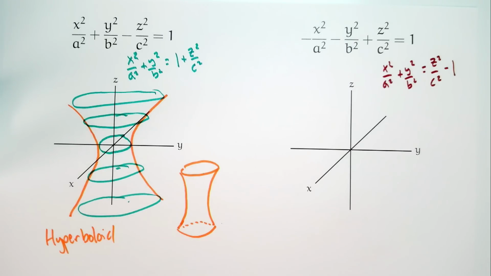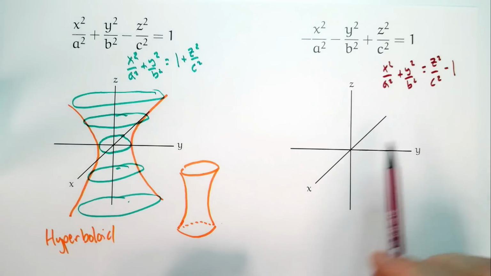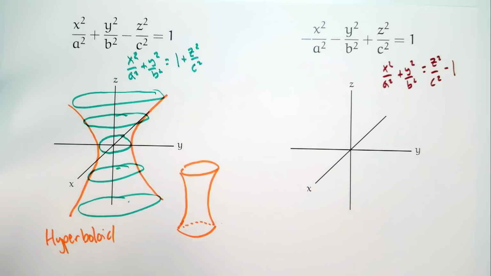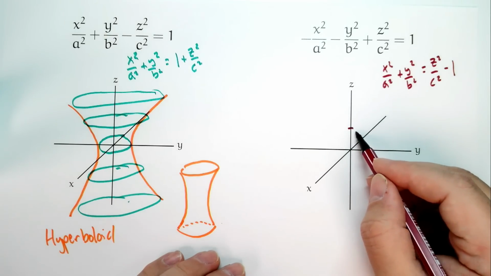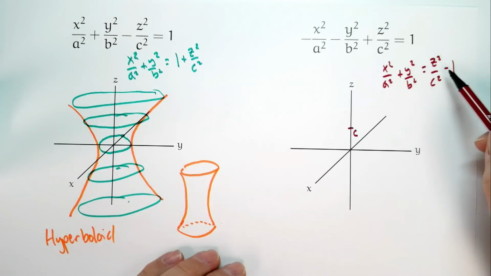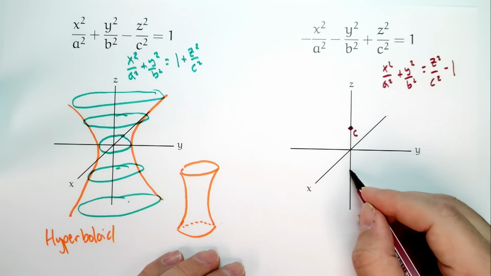But almost always it's going to be positive, which means that the slice in the xy plane is empty. It misses it. In fact, it's going to be empty up until you get up to z equals c. Why? At c, you're going to get to 0. So you're going to hit a point. And similarly, for negative c, you're going to hit a point.